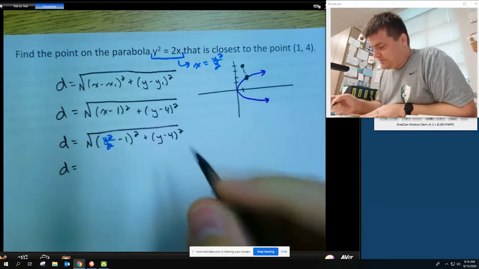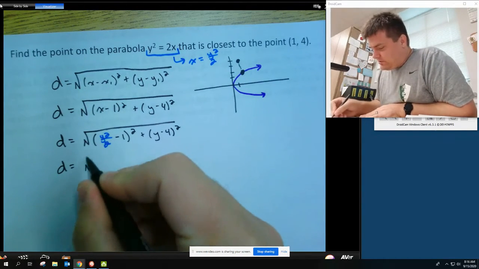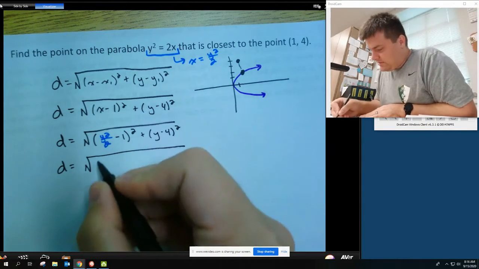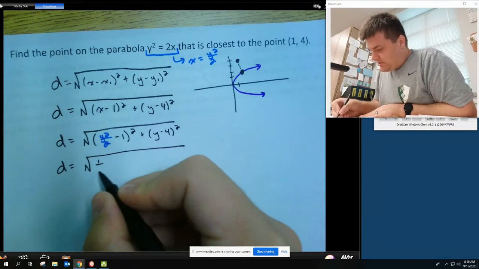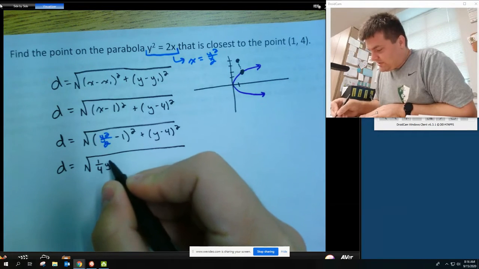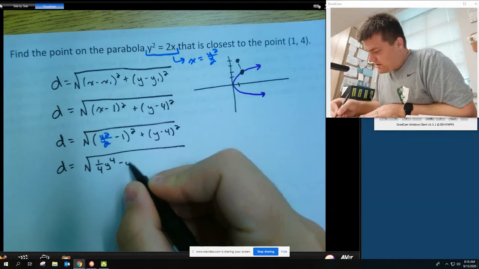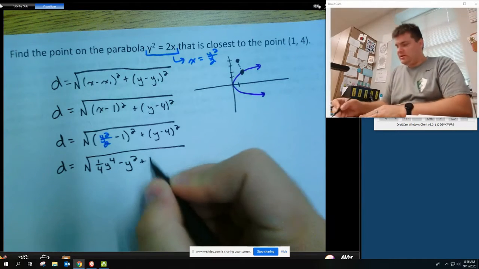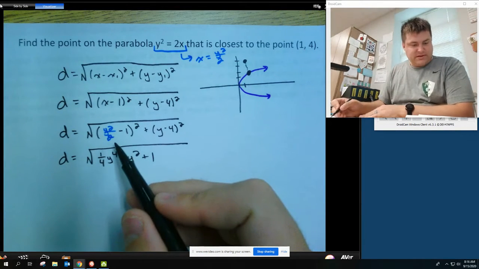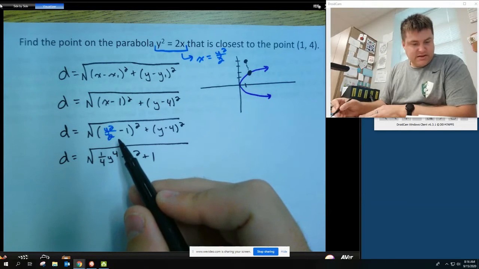So d equals the square root of, if we expand that all the way out, I'm going to get 1/4 y to the 4th minus y squared plus 1. Just doing some real quick algebra in my head, and I think I got it. Yes.